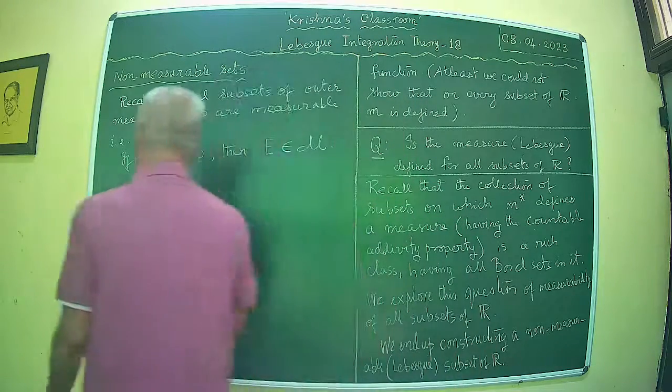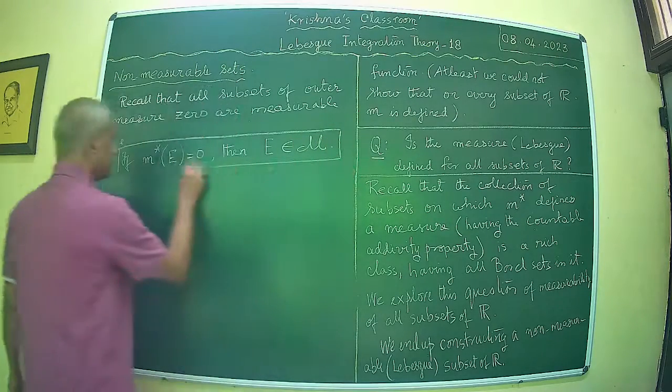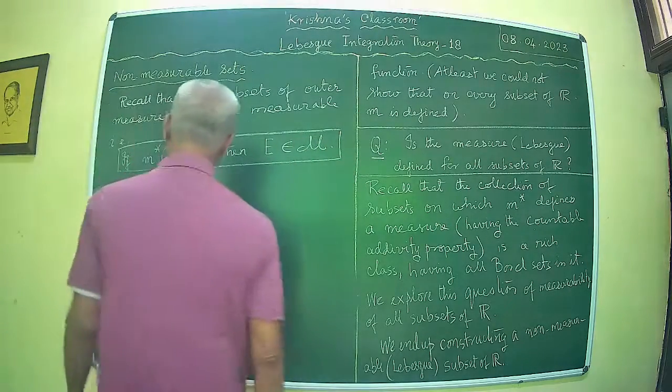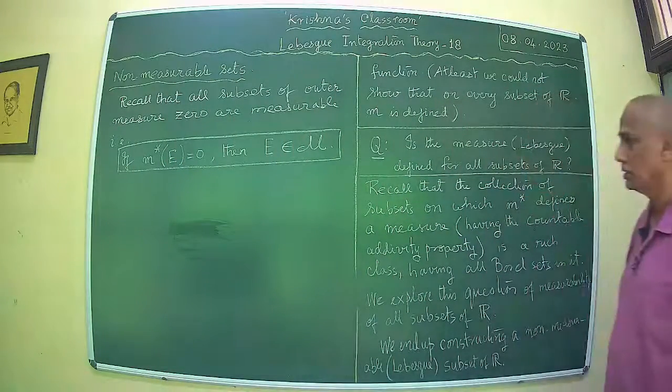This is the outcome. And for such sets, M star of E equals M of E, which is equal to 0.